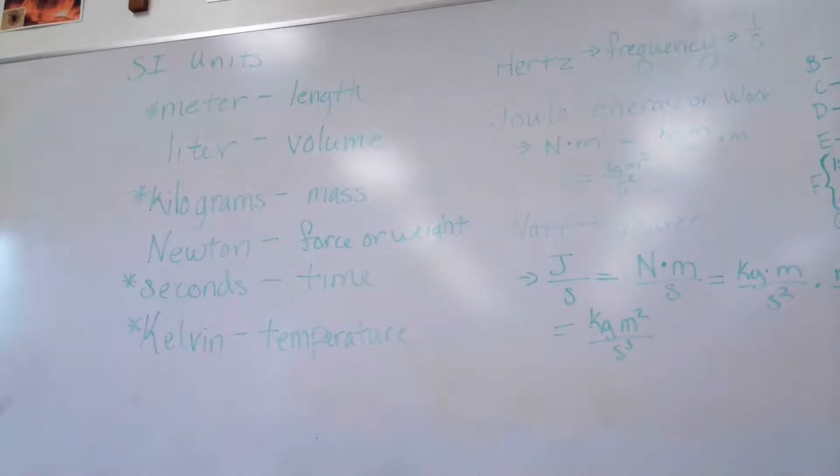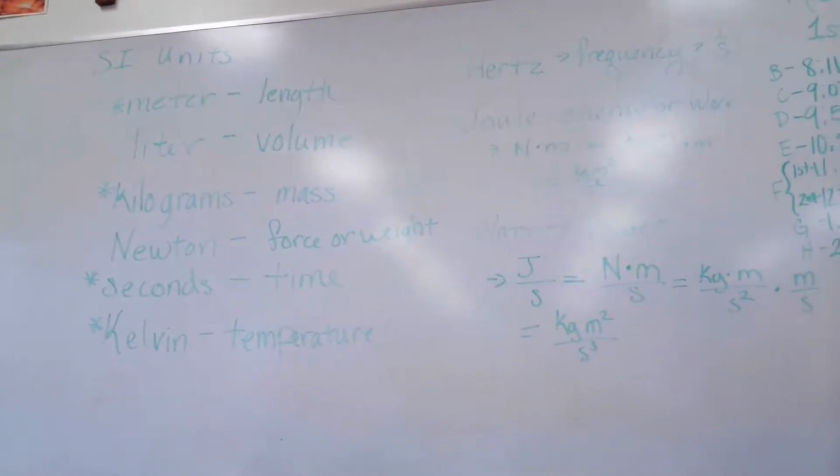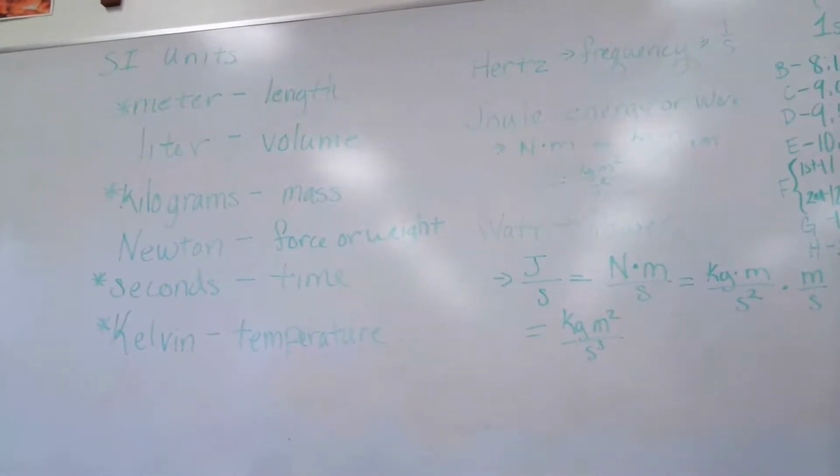The other reason why we want to use these units: we're doing science. We're talking about things that are real, physical things. We need to know what those physical things are. So if I wrote up on the board 2, there's 2 of something, but you wouldn't know how to use that, right? You wouldn't know if it's 2 meters.